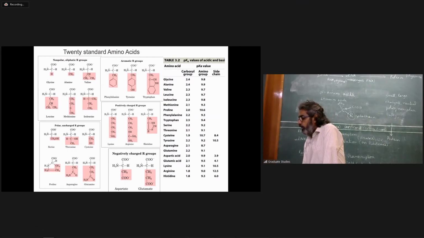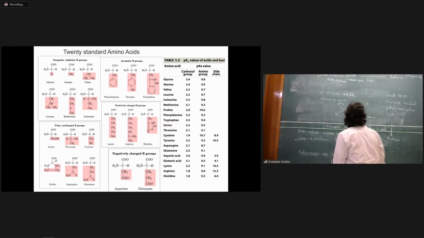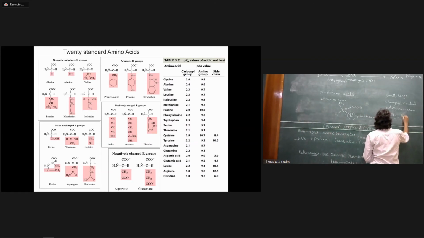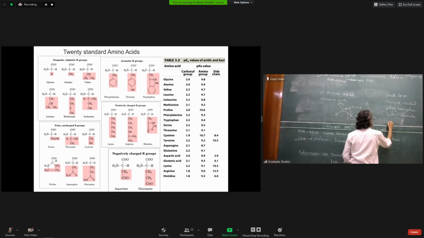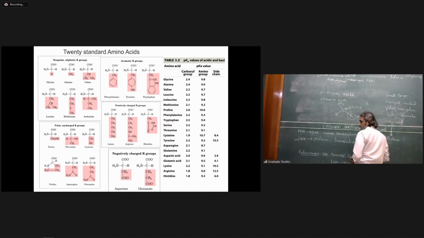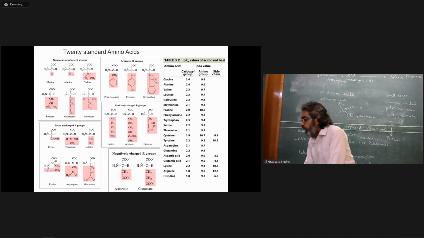Like I said, these amino acids can be grouped into different properties: bulky or aromatic, and ionizable side chains. So alanine is the next one, and then valine, hydrophobic, non-polar.